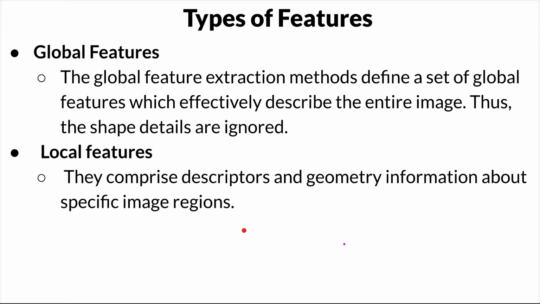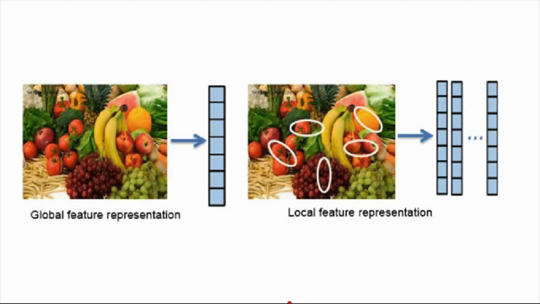Okay, so for the local features, you pay attention to specific things in the image. So I have an example here. Here I have fruits. This picture just shows you the global feature, just a collection of fruit. But for the local features, I might be interested in a specific kind of fruit, maybe banana, maybe grapes, maybe tomatoes.